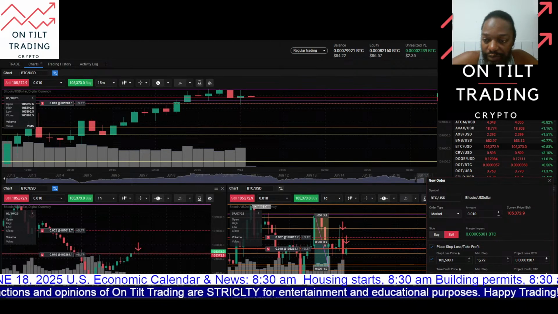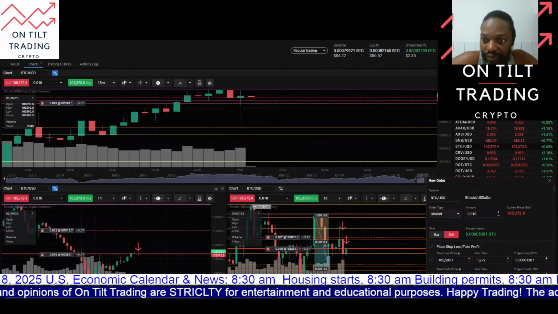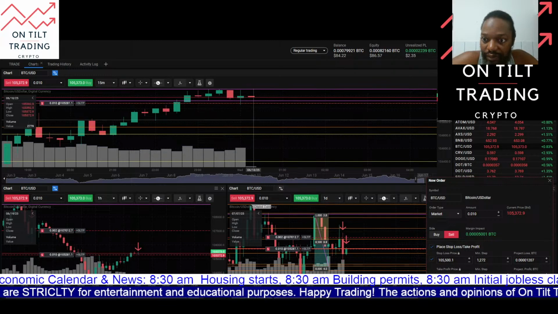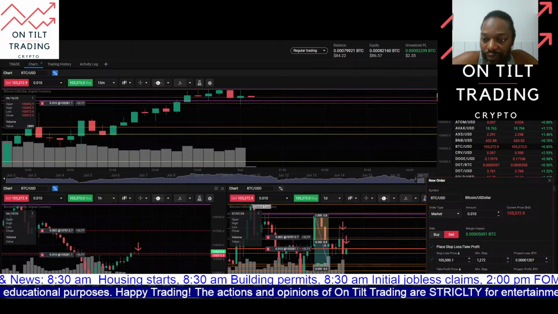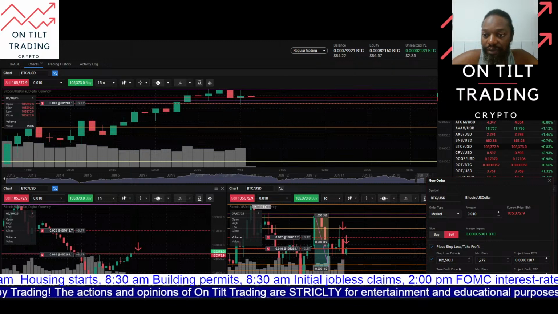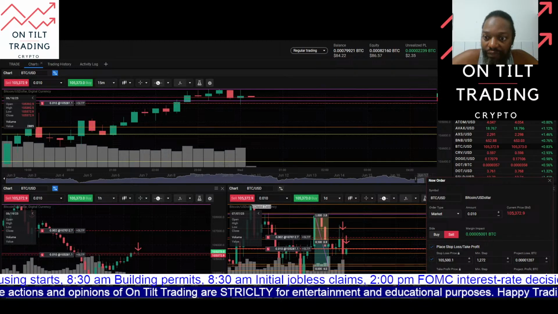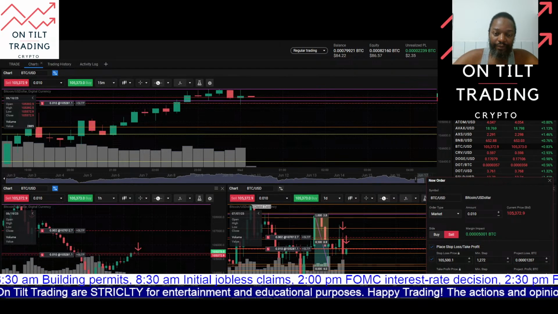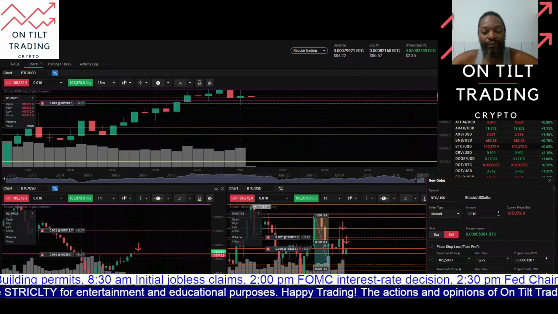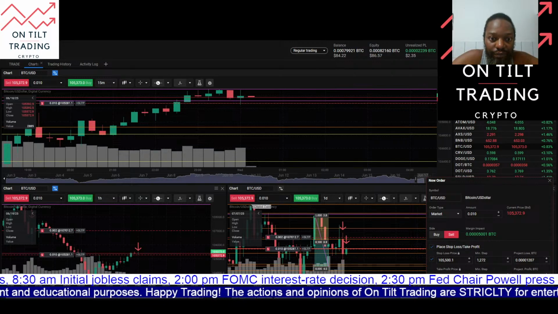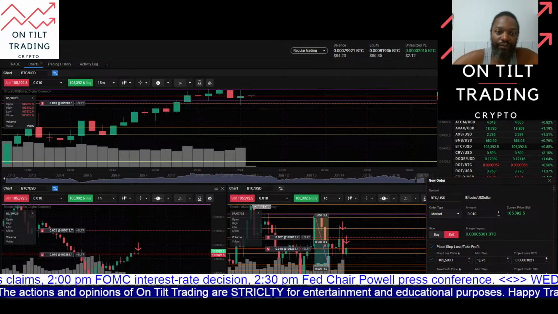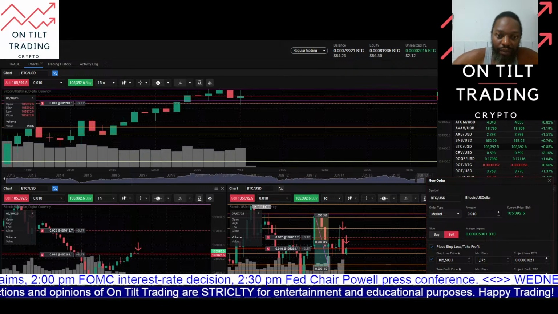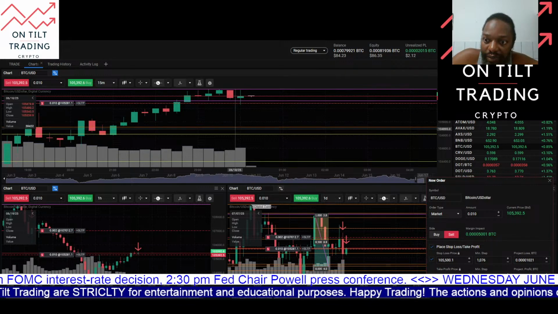Currently now price is being delivered to the sell side near the 105,375 level, which is currently at 105,372.9. And price consolidating back up near the 105,400 level.